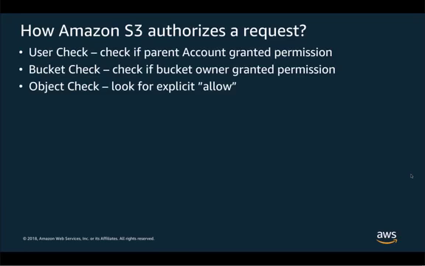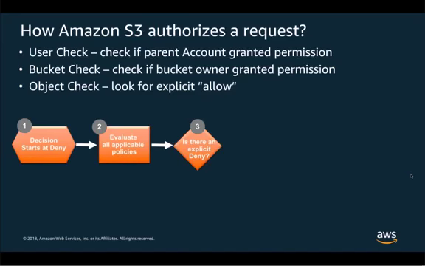So the evaluation logic follows these rules. Pro tip 1, by default, all requests are denied. So you always start the decision at a deny. An explicit allow in the permission policy overrides this default. Now AWS checks each policy. All of these policies are evaluated together.